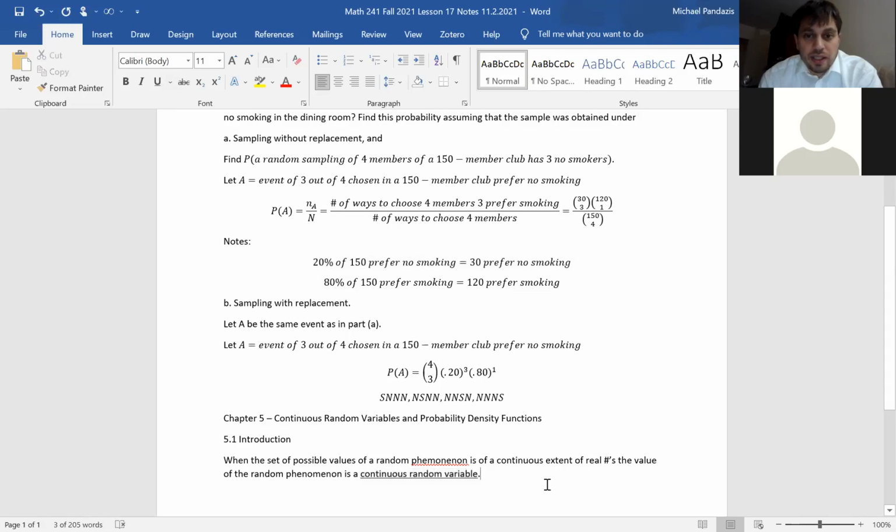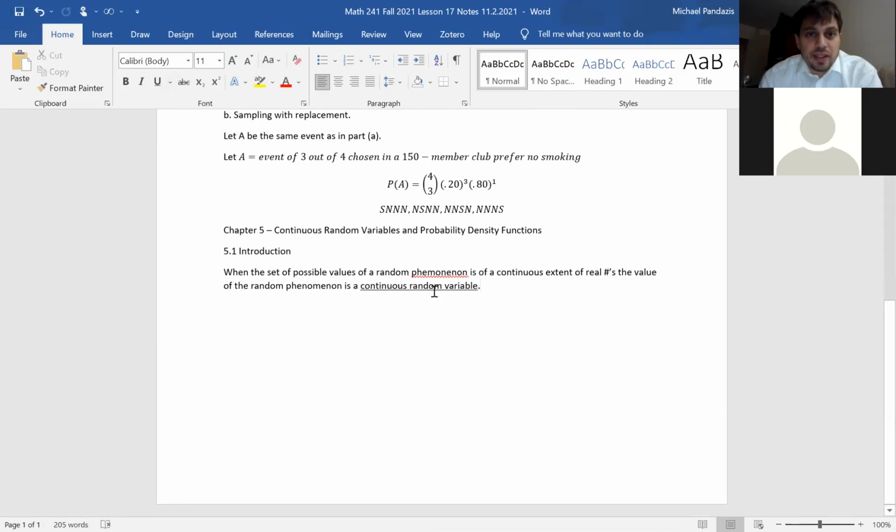So when the set of possible values of a random phenomenon is a continuous extent of the real numbers, the value of the phenomenon is a continuous random variable. Section 5.2, probability density functions.